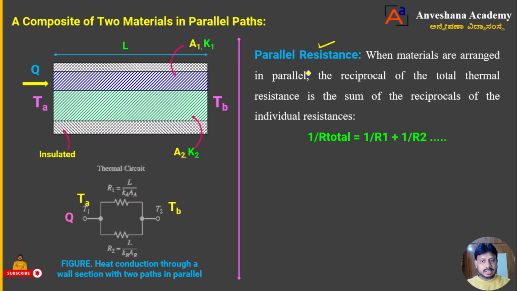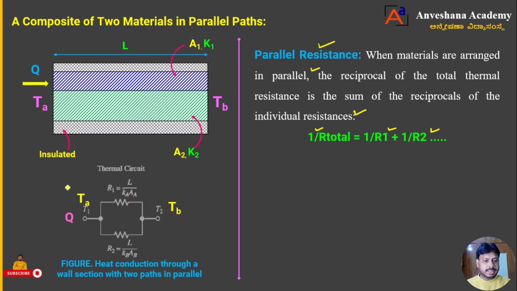When materials are arranged in parallel, the reciprocal of the total thermal resistance is the sum of the reciprocals of the individual resistances. That is nothing but 1 divided by R total is equal to 1 divided by R1 plus 1 divided by R2. This is the definition, dear students. Now with the help of an example, I will try to explain what is parallel thermal resistance.